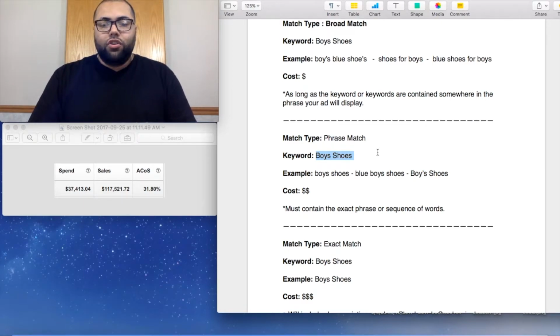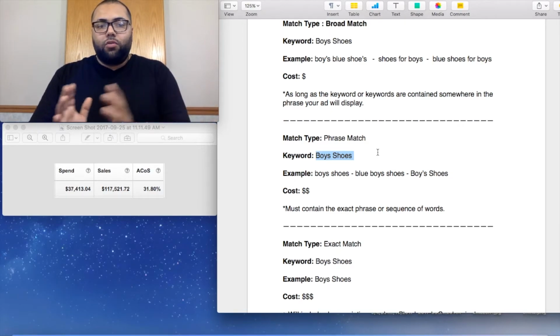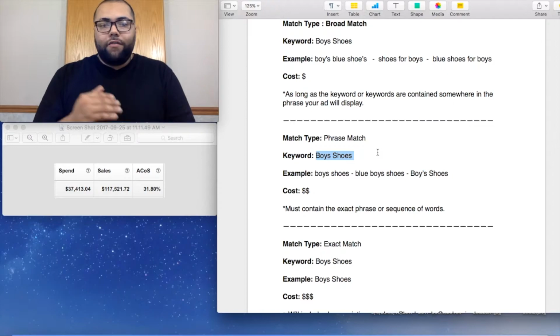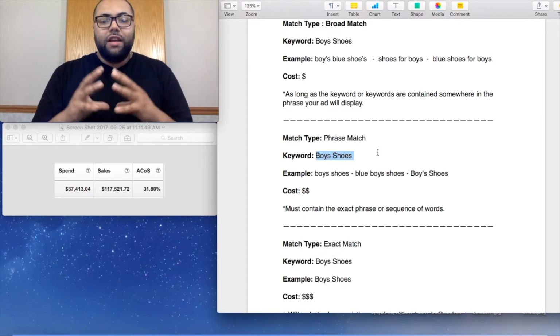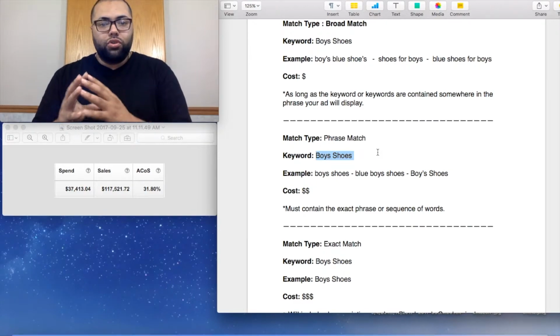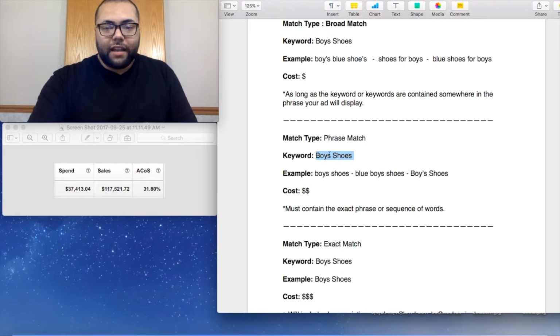So you could be red boys' shoes, black boys' shoes, boys' shoes that are red. However they mix it up and whatever long tail that you make this phrase match, as long as boys' shoes or your keyword is in sequential order, side by side like it is here, then you will display.